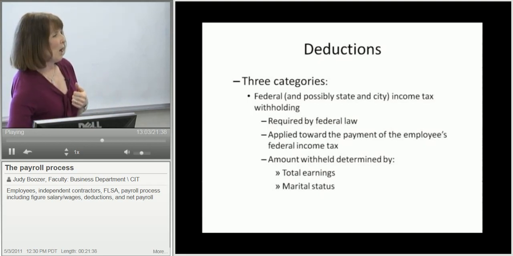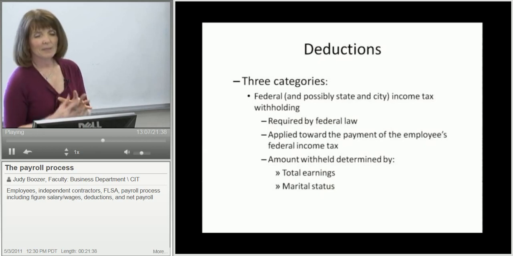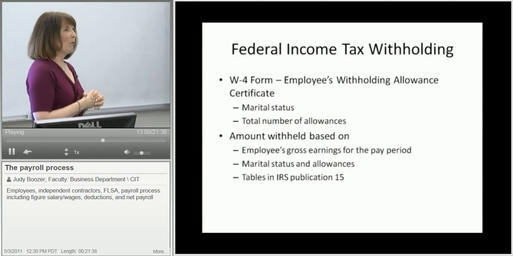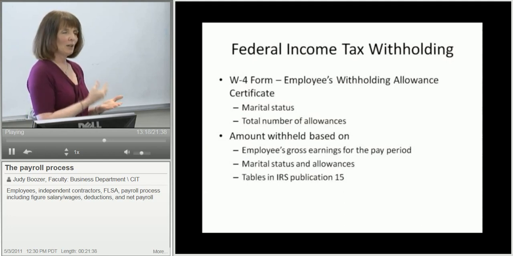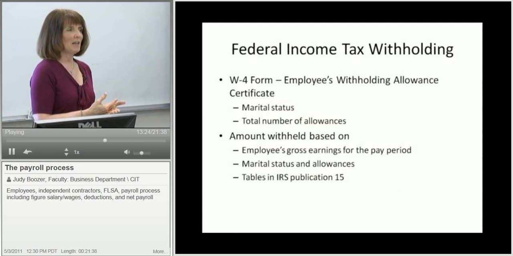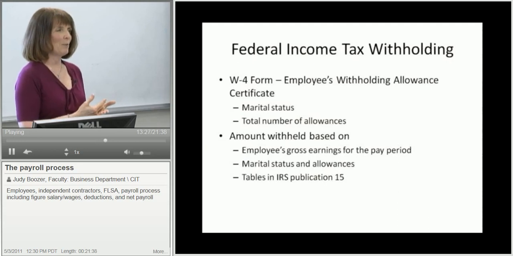So that will all get deducted from your paycheck. Again, the W-4 form is what you fill out to show what that deduction will be. How does the employer determine how much to take out then? They look at the W-4, there's a tax chart that goes with it, and then that is how much is taken out from every paycheck.